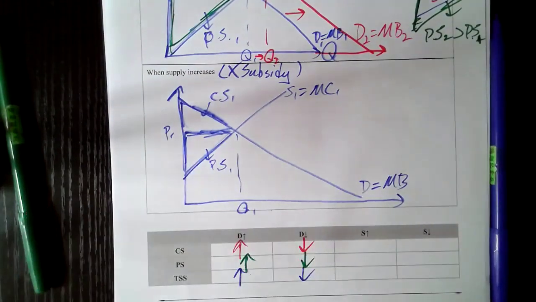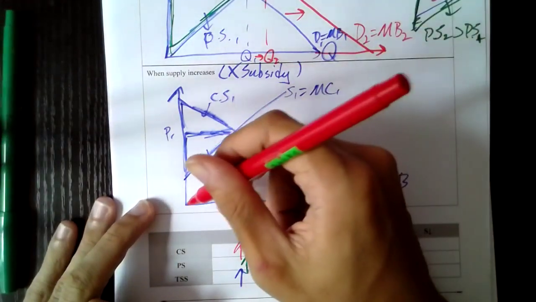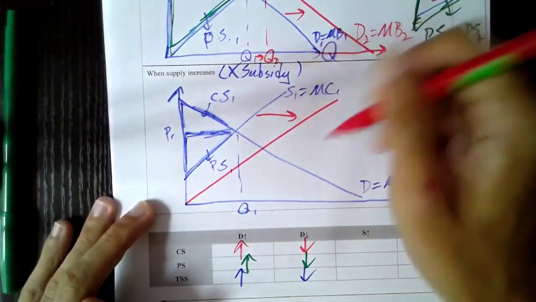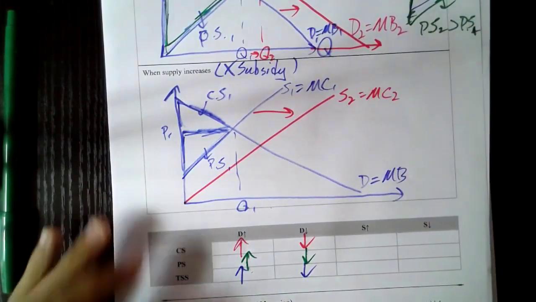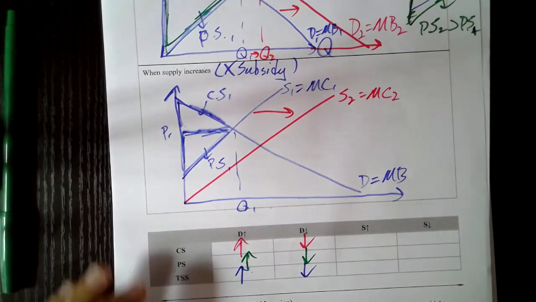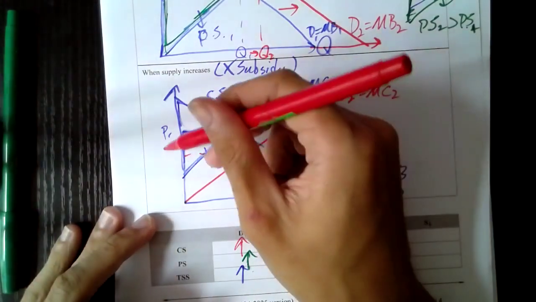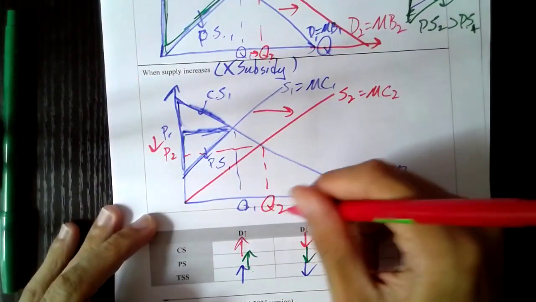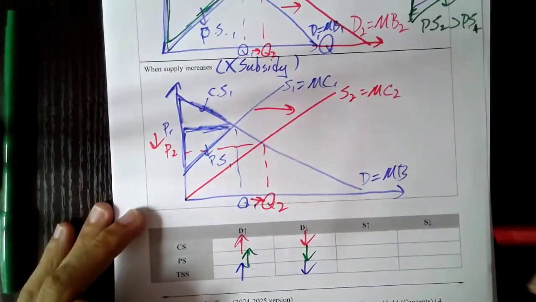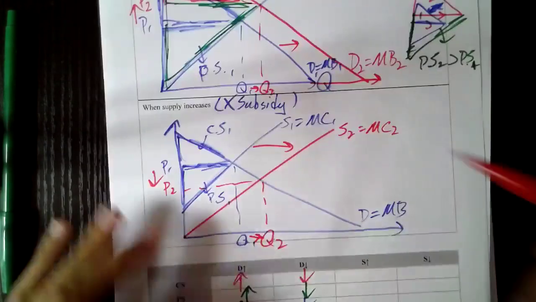Now with an increase in supply, which goes to the right, sorry, the shift is a bit ugly, which is here, S2 equals to MC2. So what would happen? First of all, price would decrease while quantity would increase. Now let's check our consumer surplus first.